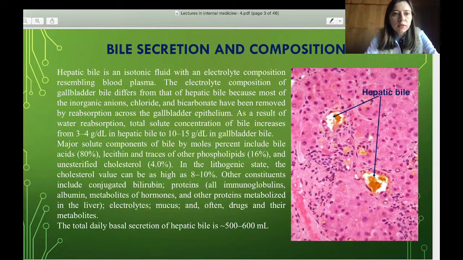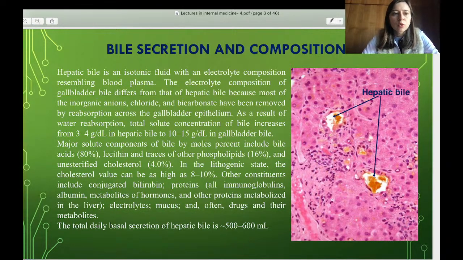Hepatic bile is an isotonic fluid with an electrolyte composition resembling blood plasma. The electrolyte composition of gallbladder bile differs from that of hepatic bile because most of the inorganic anions, chloride and bicarbonate, have been removed by reabsorption across the gallbladder epithelium.